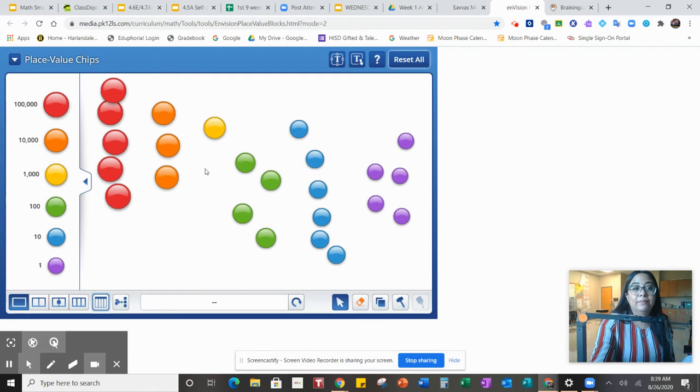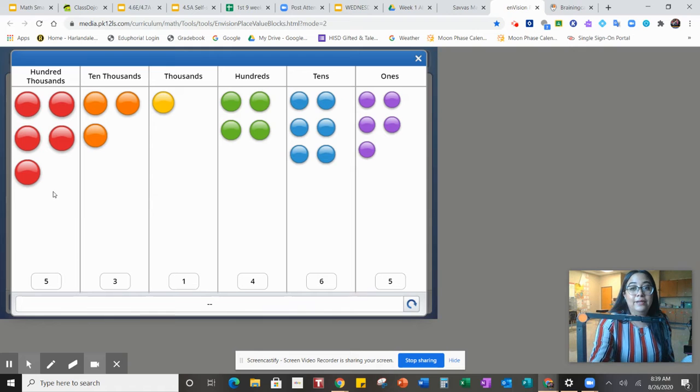The really cool thing about this is that you can press right here, it's the place value chart, and it'll line them up in an actual place value chart for you. So here we have 500,000, 3 10,000s, 1,000, 400, 6 tens, and 5 ones.